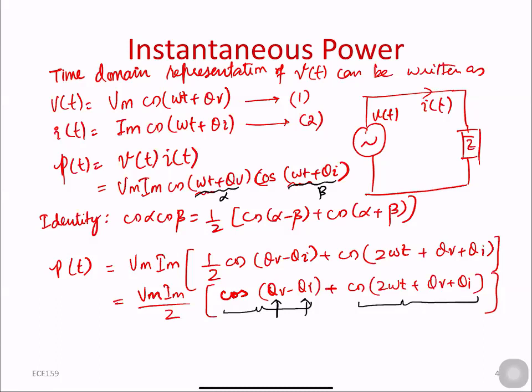This is a constant part, not a time varying part. However, the second part is a time dependent part. It is basically oscillating, with a frequency double the original frequency of current or voltage, which is 2 omega t. So this is how we represent instantaneous power with this formula.